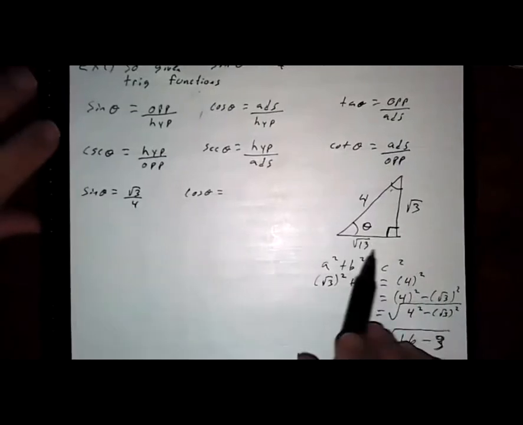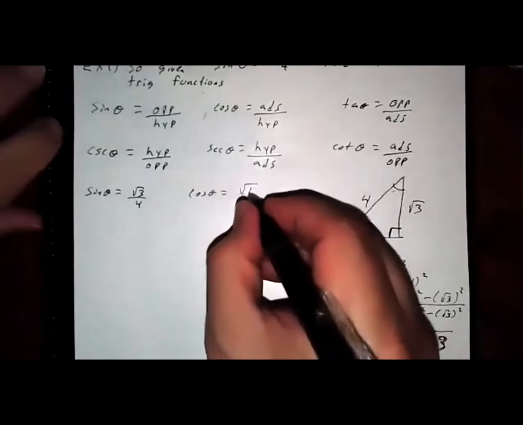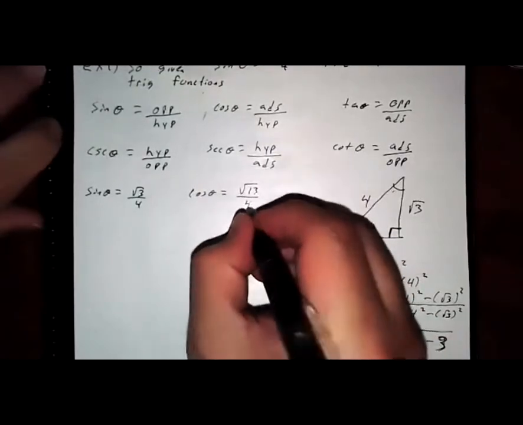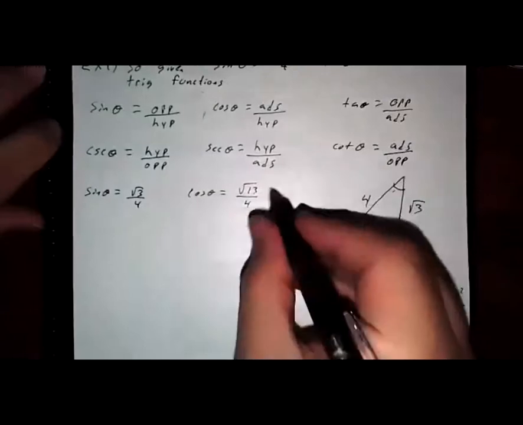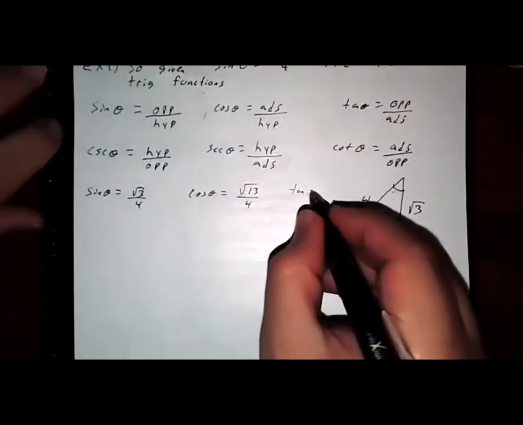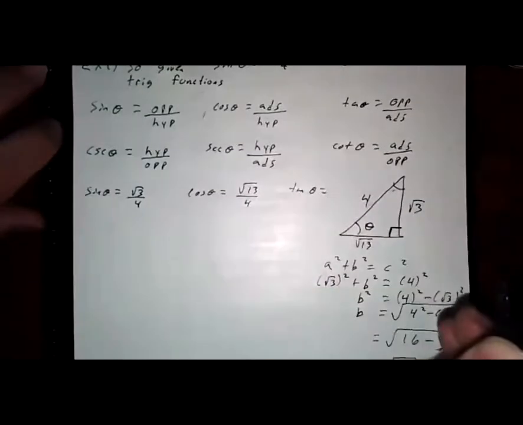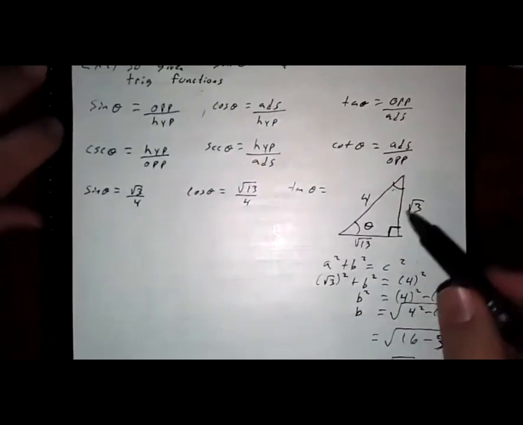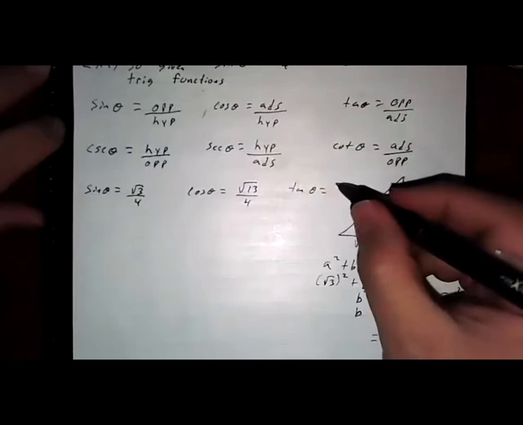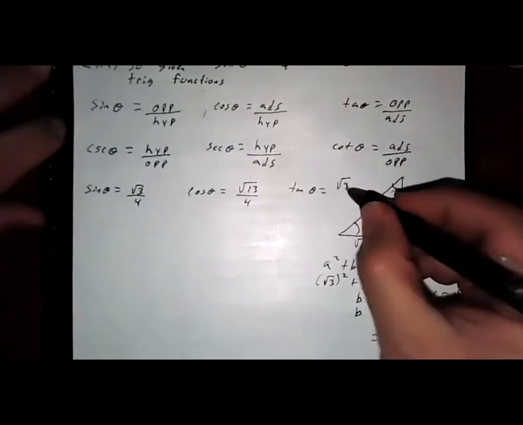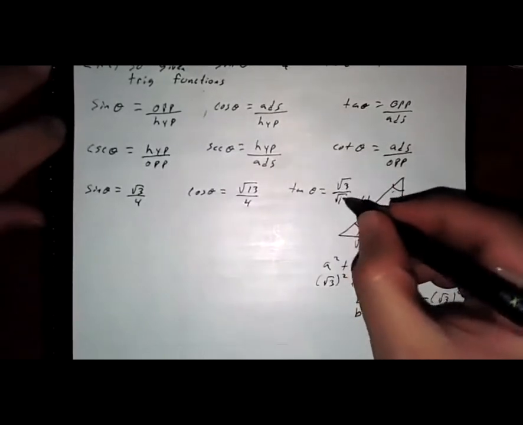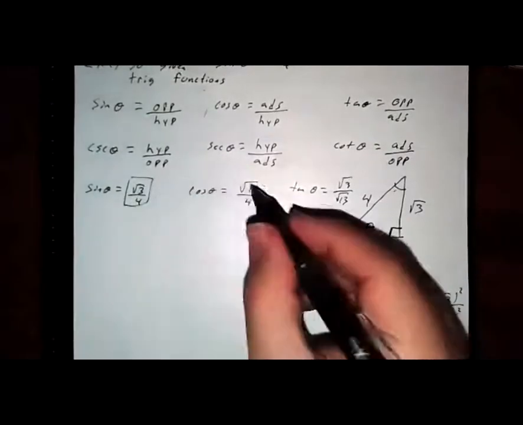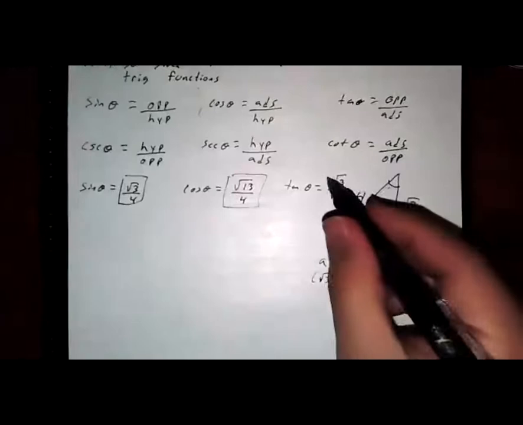Root 13 over what? 4. And then finally, tangent will be opposite over adjacent, right? Okay, so those are the first three. This one was given, which helps us find the rest.